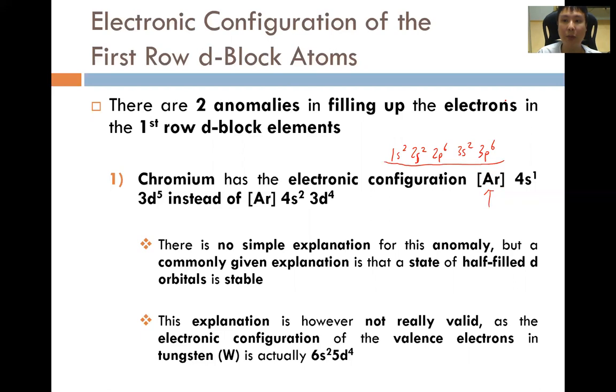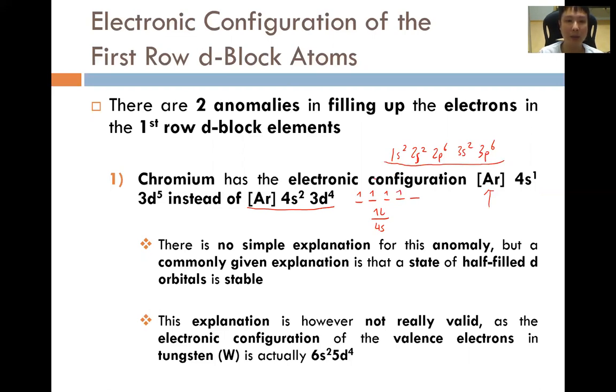Okay, so as we've mentioned previously, we would expect the electronic configuration of chromium to be 4s2, 3d4 because the 4s orbital is below and the 3d orbital is on top. So if we were to fill in 1, 2, 3, 4, 5, 6, we would expect it to be filled like that.